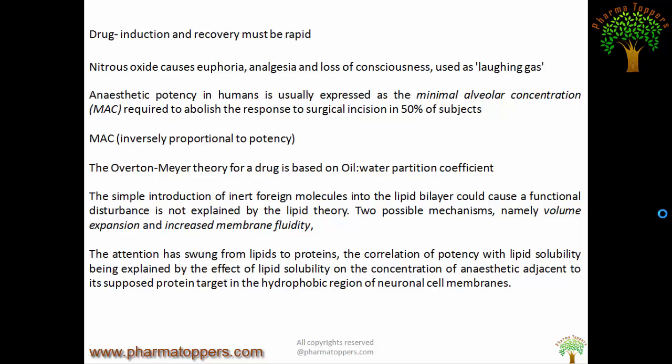And again, the protein came into action, where the correlation of the potency with the lipid solubility is explained by the effect depending on the concentration of the anesthetics, and it is supposed that the protein is a target in the hydrophobic region of the neuronal cell membranes.